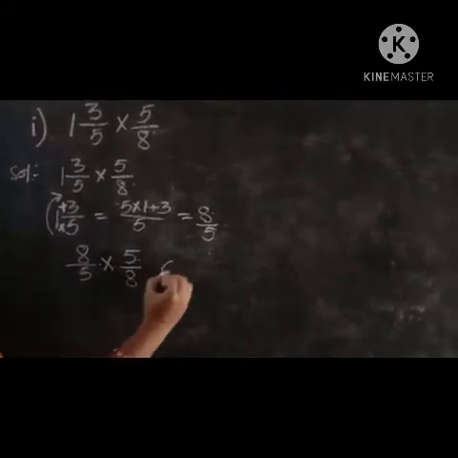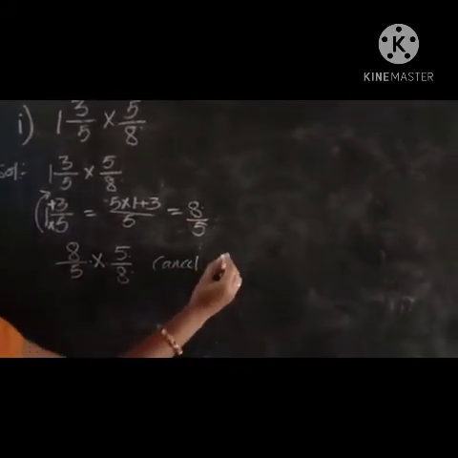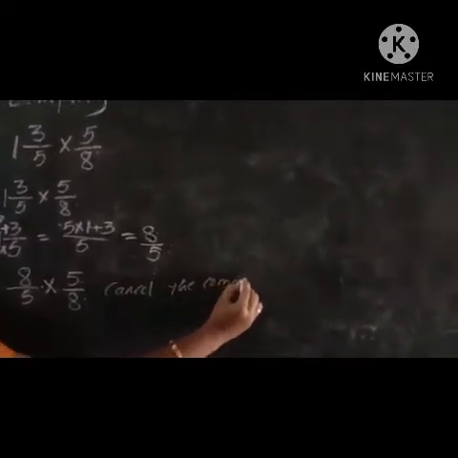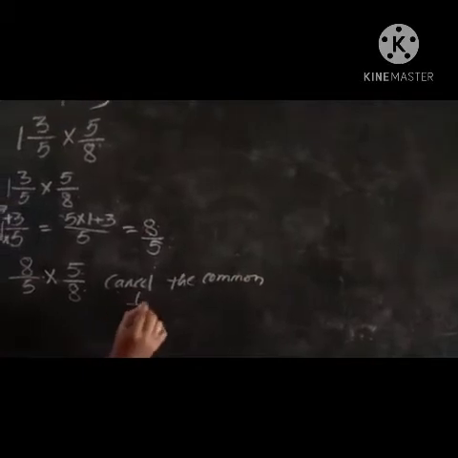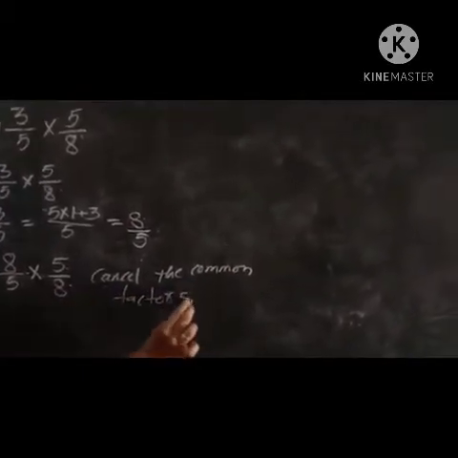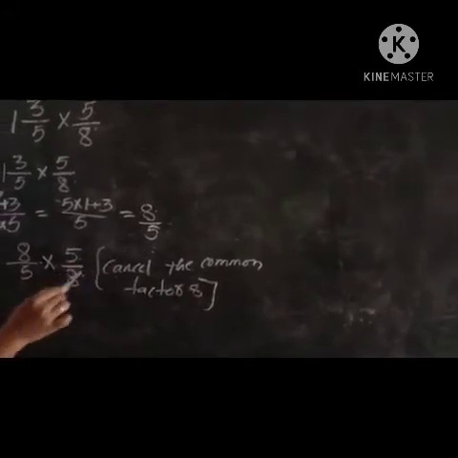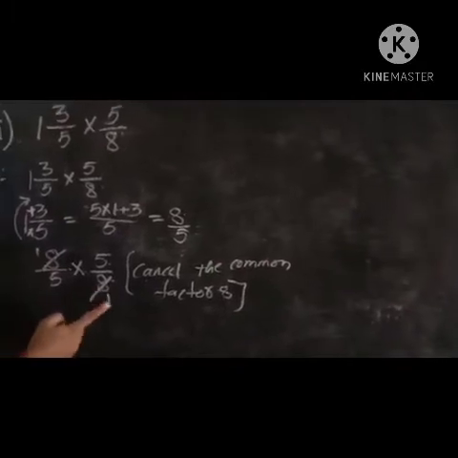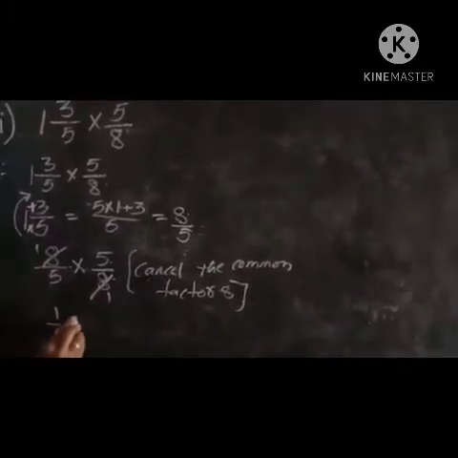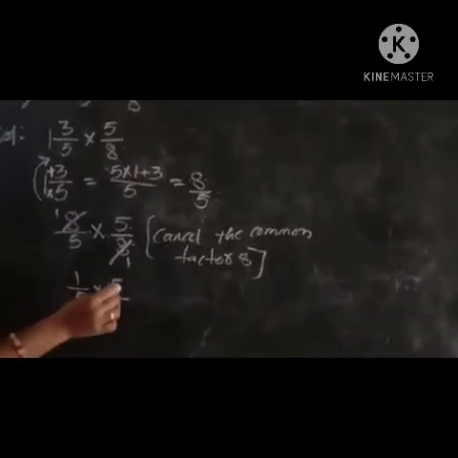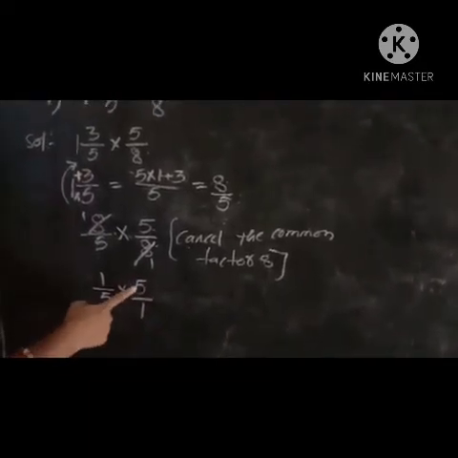Cancel the common factor. Which number is the common factor? 8. So cancel this number. Here 1 time, here also 1 time. 8 ones are 8, 8 ones are 8. So 1 by 5 into 5 by 1. Next, here 5 is there, here also 5 is there.